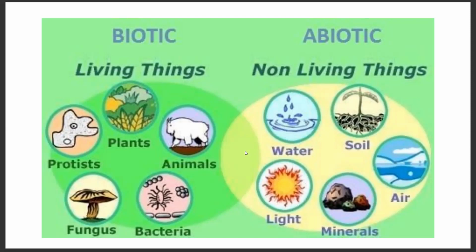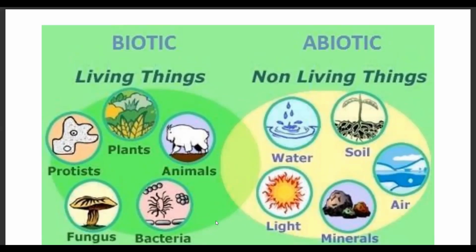We can obtain these abiotic things from the lithosphere, hydrosphere, and atmosphere. And the other thing is the abundance of these abiotic components limits the geographic distribution and abundance of species.